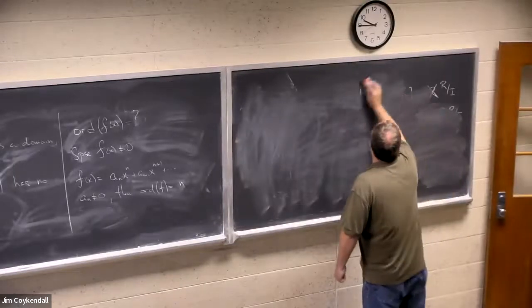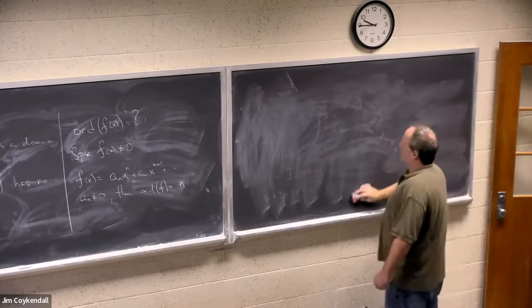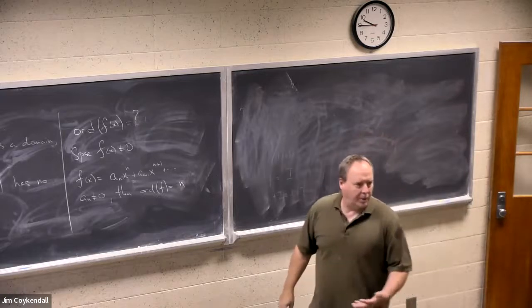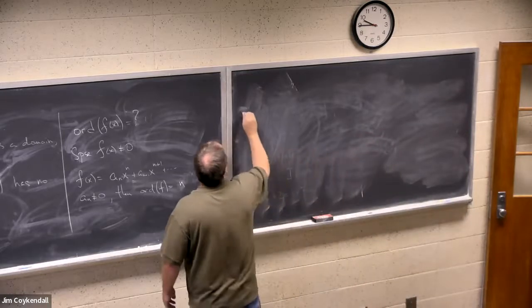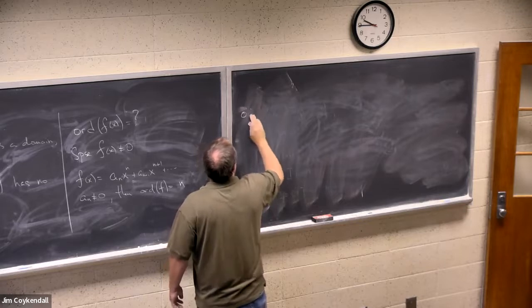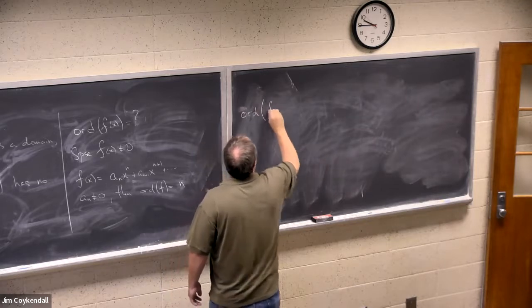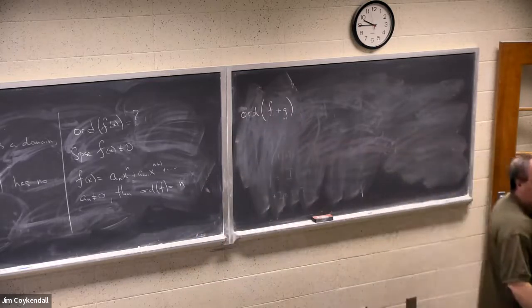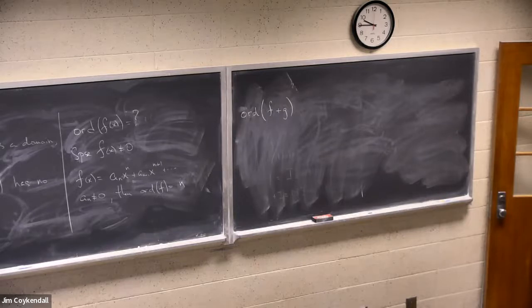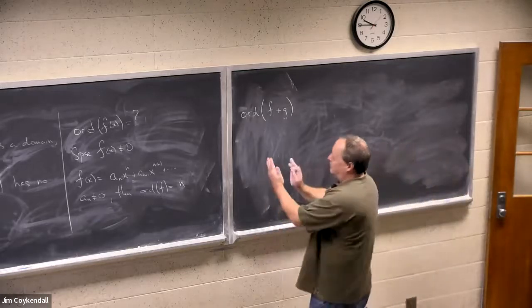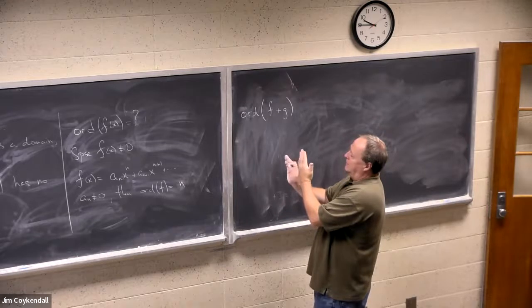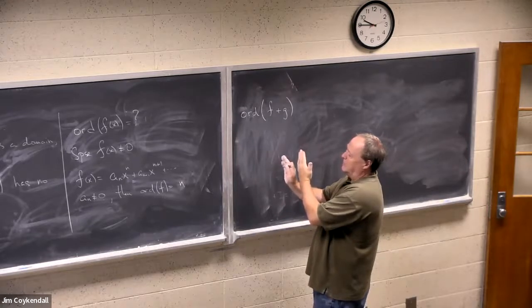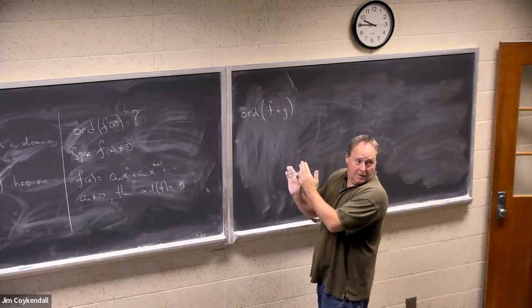Just for fun, as a little side note before we move on, just like degree, order has some properties too. See if y'all can help me out. So here f and g are power series. What is supposed to happen to the order here? Yeah, right. When you add two, you're looking at the smallest degree terms.